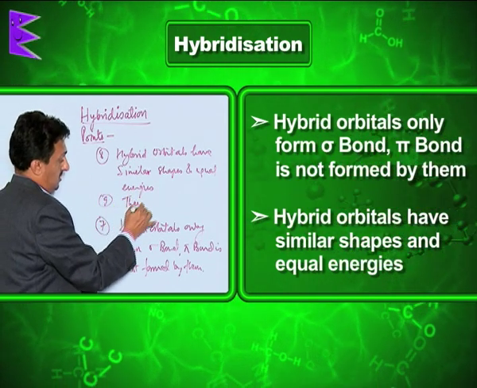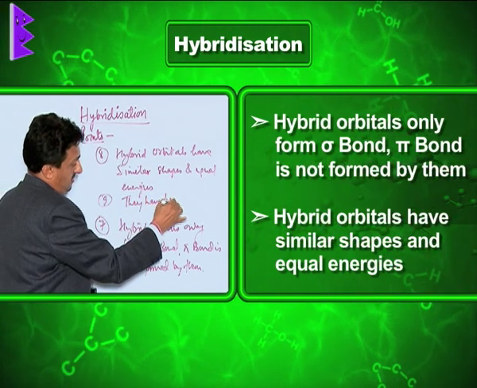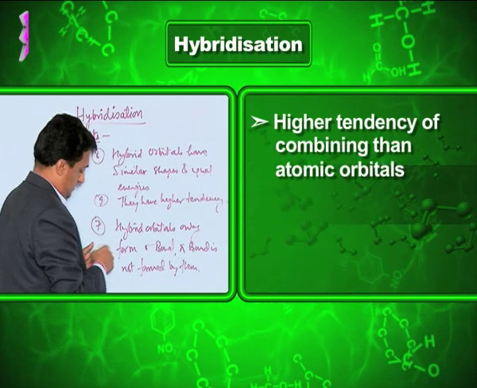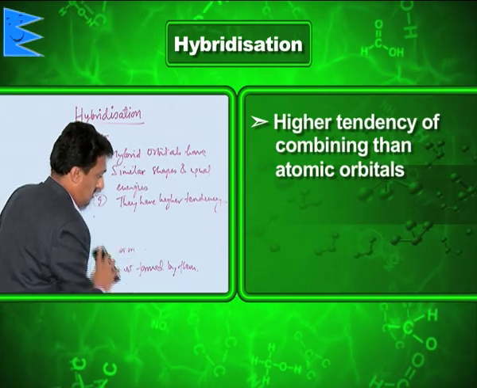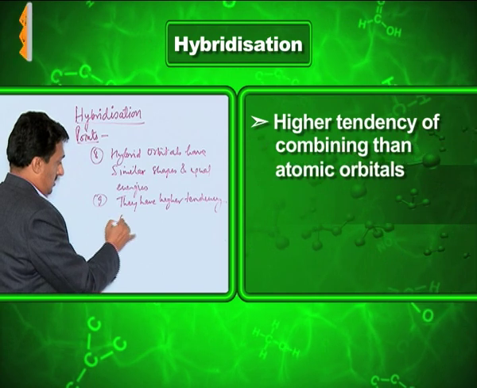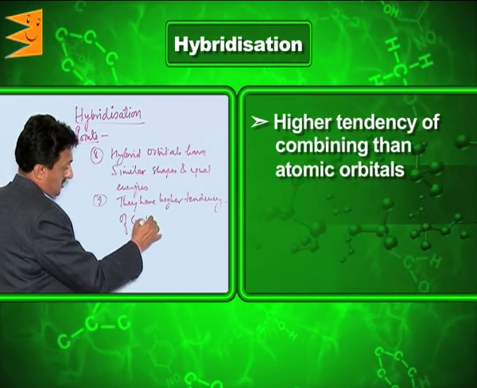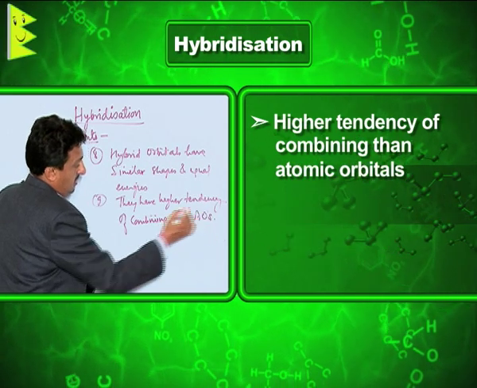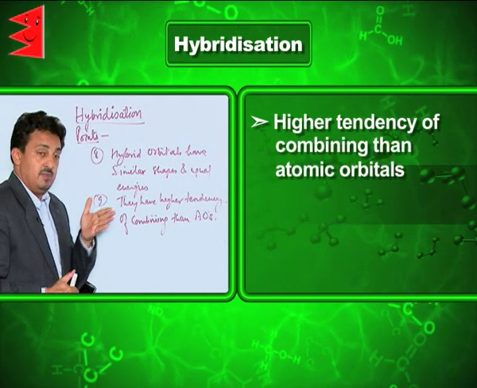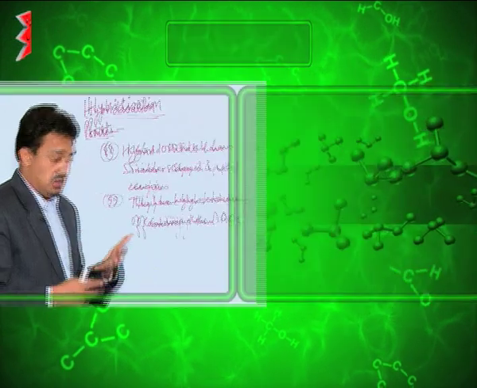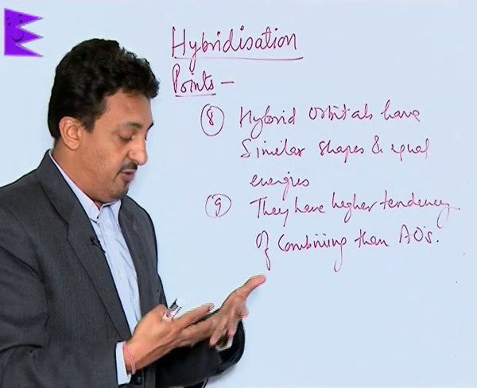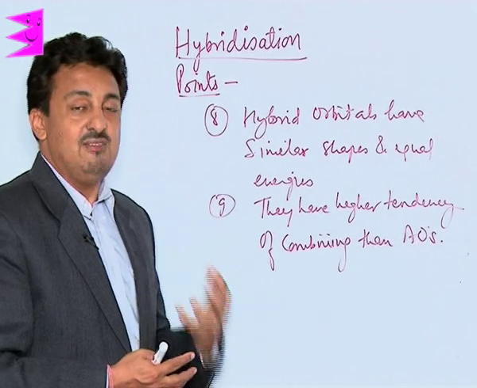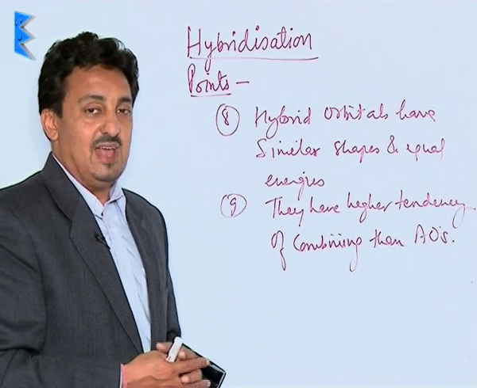They have a higher tendency of combining than atomic orbitals because they are more directional. So overlapping is to a greater extent in these cases, so they have a higher tendency. These are the main features of the hybridization concept.